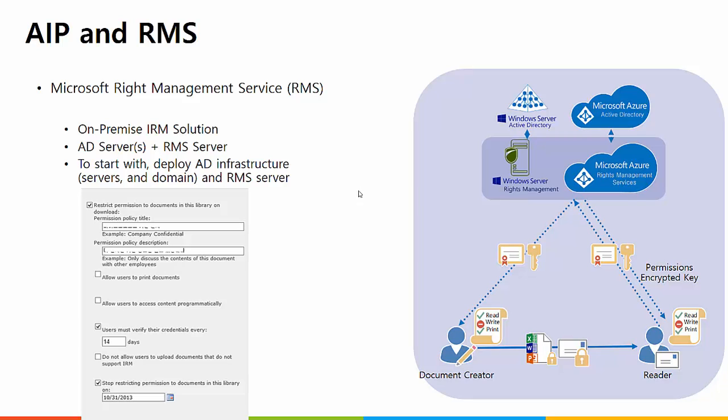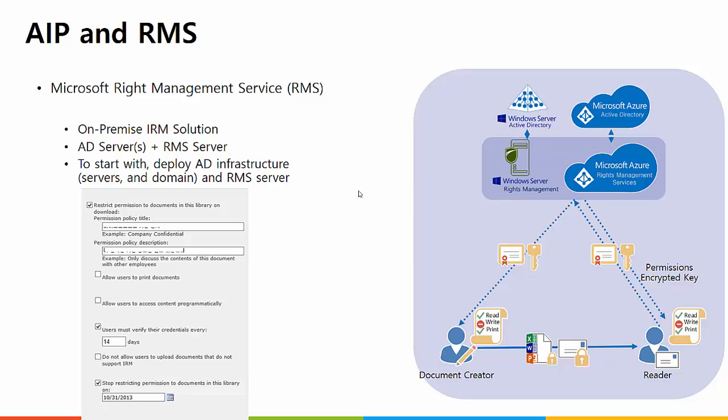For example, let's say you apply some permission for the sales team in your company, and they just have read only permission. So let's say someone copied the document to a USB external drive, and probably someone wants to share the document in their web drive or on other computers.